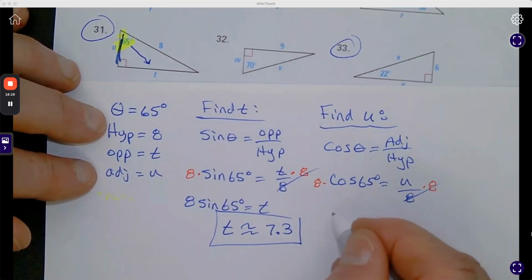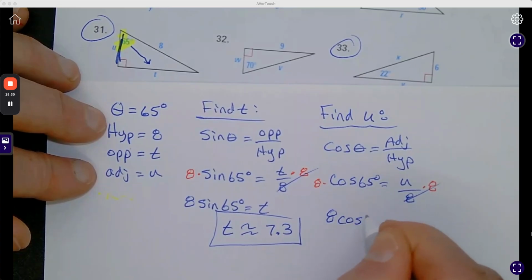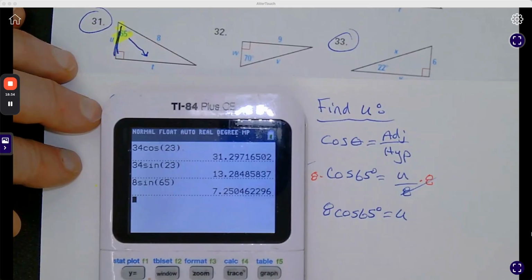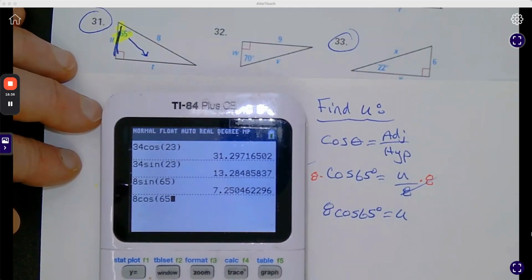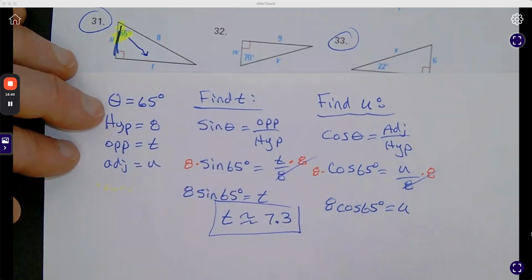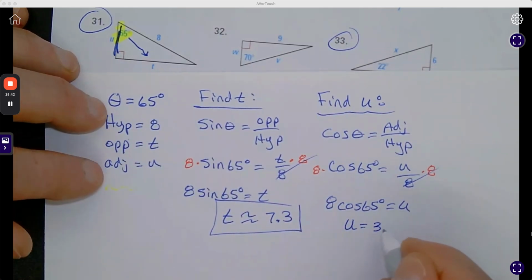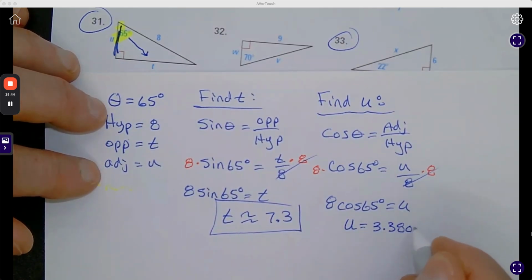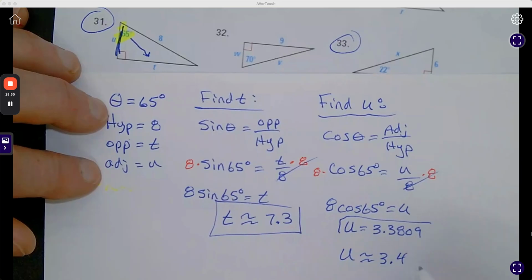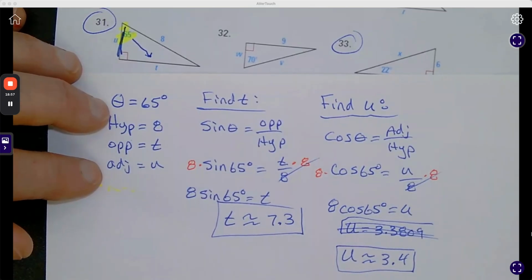Those cancel out. 8 cosine of 65 is U. Calculator. 3.3809. Done. Oh no, they want us to round to the nearest tenth. Sorry, I was still in the last problem mode. And don't forget the approximate, because you rounded.